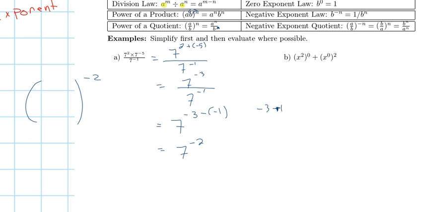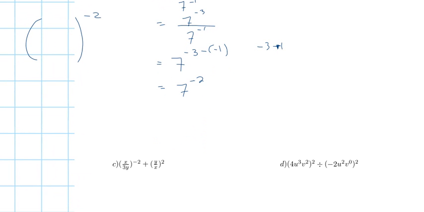Okay, now, because my final answer has a negative exponent, I'm going to have to change it to a positive exponent by flipping my base. So right now, I can end my question and say this is the same thing as 1 over 7 to the power of 2.